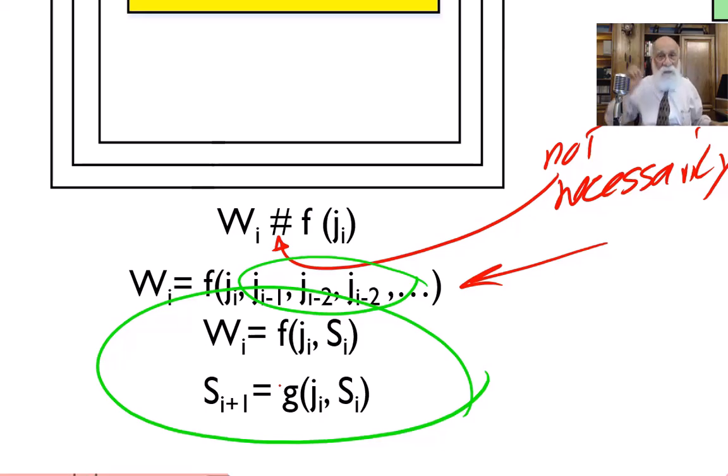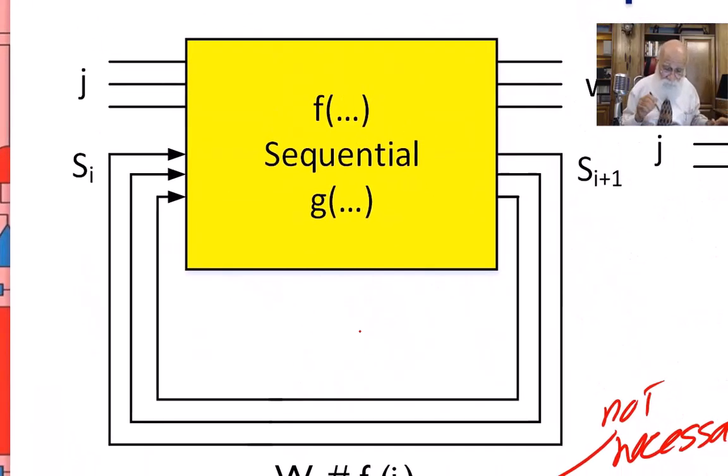We have feedback in our brain, because something happens, that something feeds back in our mind, and our decisions are based on those feedbacks. And the feedback is very clear here. Look at the representation of S, W, and J in this circuit.